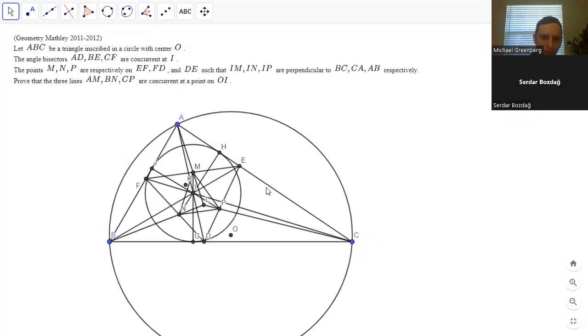Right. So at the very least, I could write the first part of what we figured out, which is that these are concurrent.